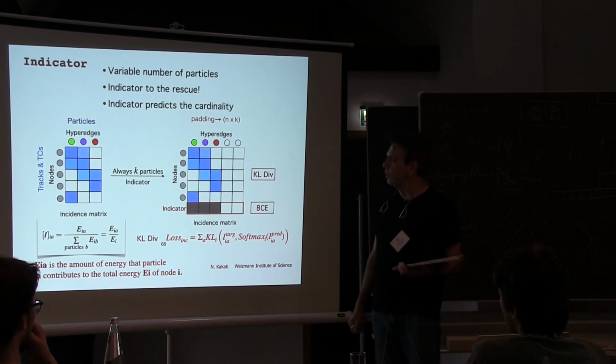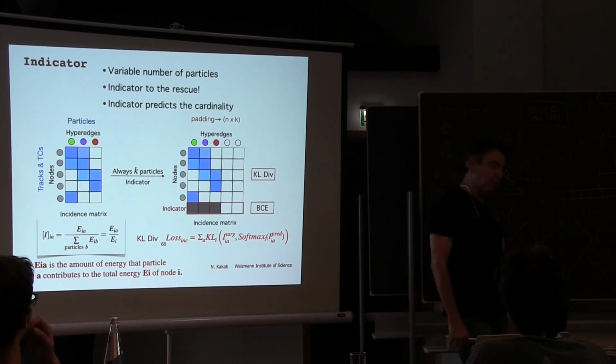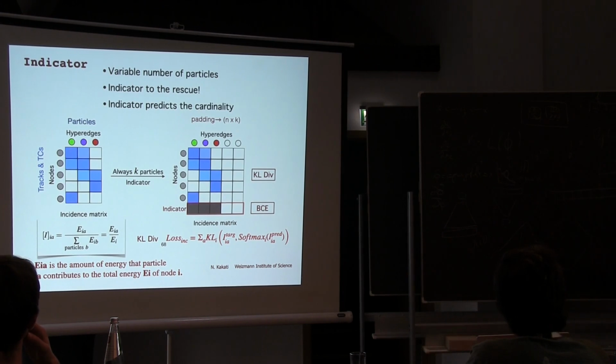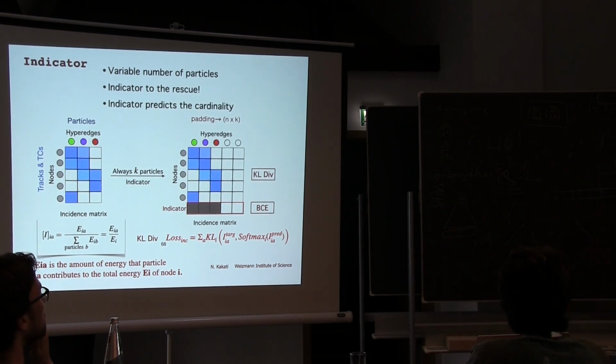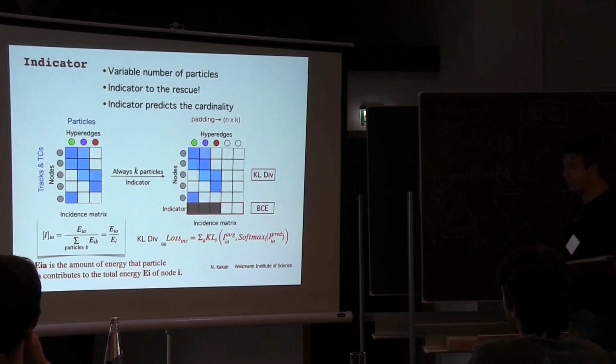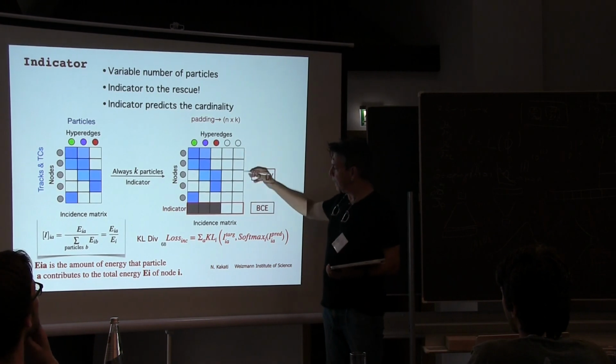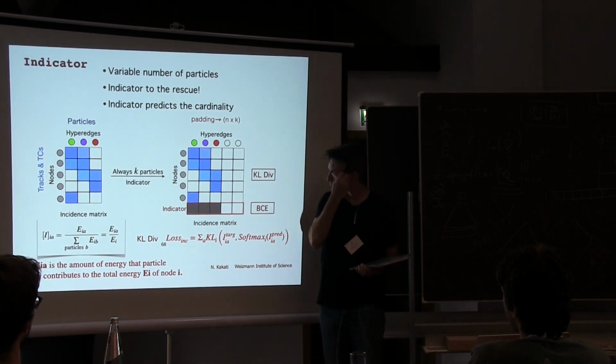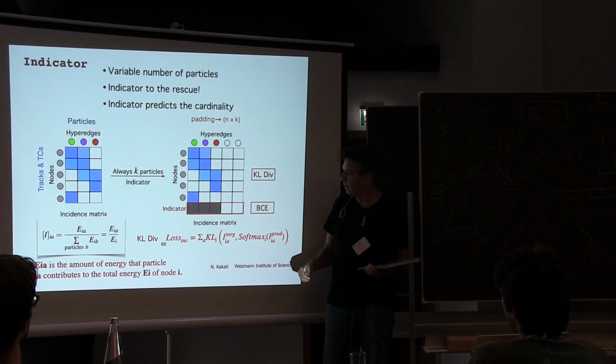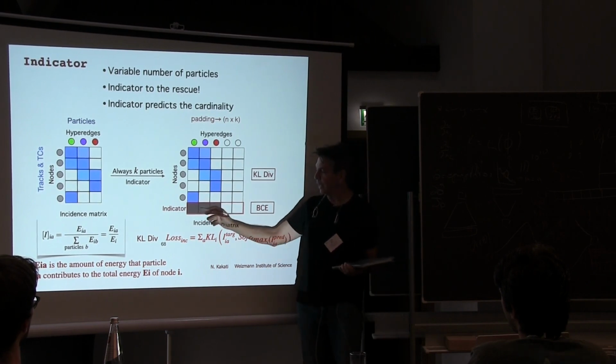So since I don't know how many particles I have, and since I don't want every time to use a different matrix, I will assume that I have k, say 20, 30 particles, and that's it, maximum. And I will pad the matrix, and I will add another line which will be an indicator.